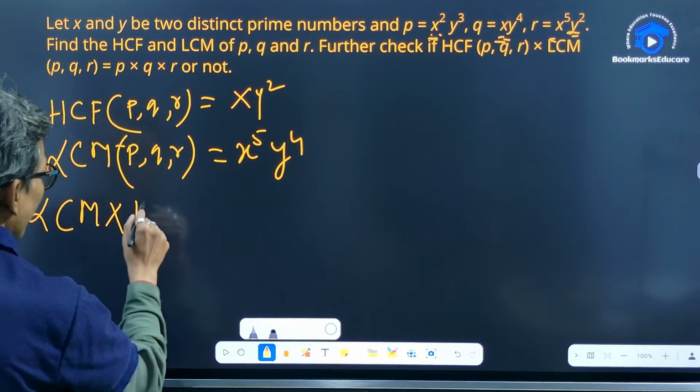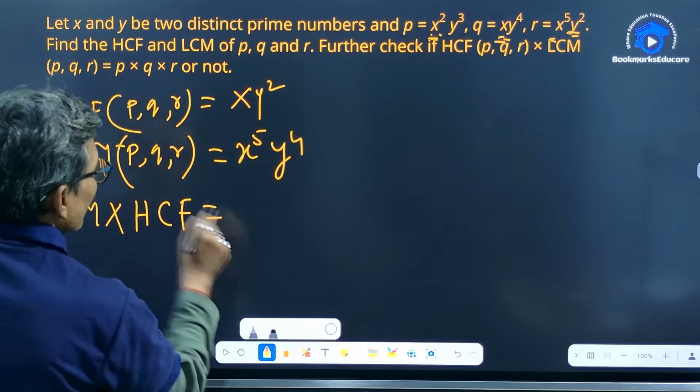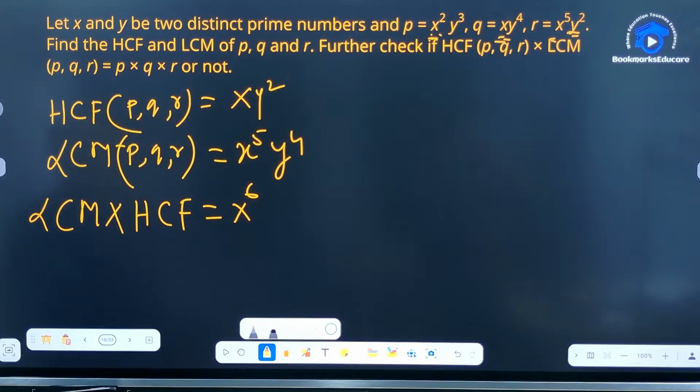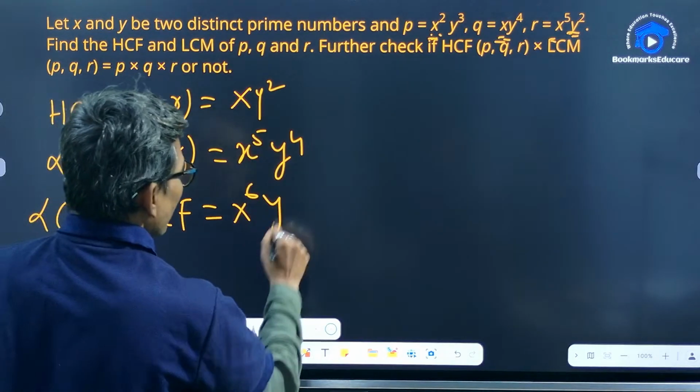into HCF. So x into this, मतलब x to the power 6, y into y to the power 6.